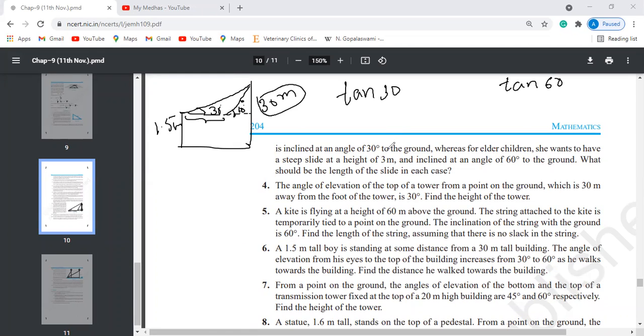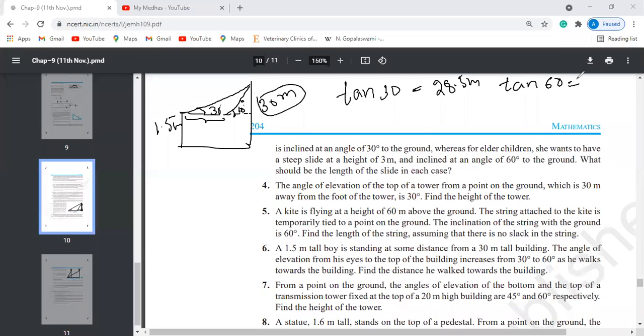Very good, Pavan Kumar. It should be 28.5 meters, because you have to subtract the boy's height from 30. So 30 minus 1.5 is 28.5.